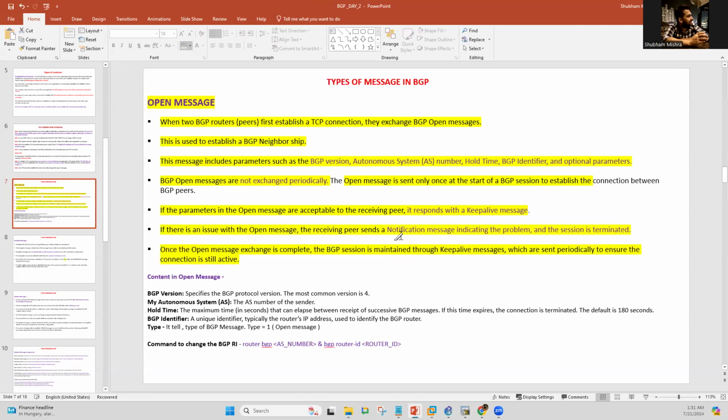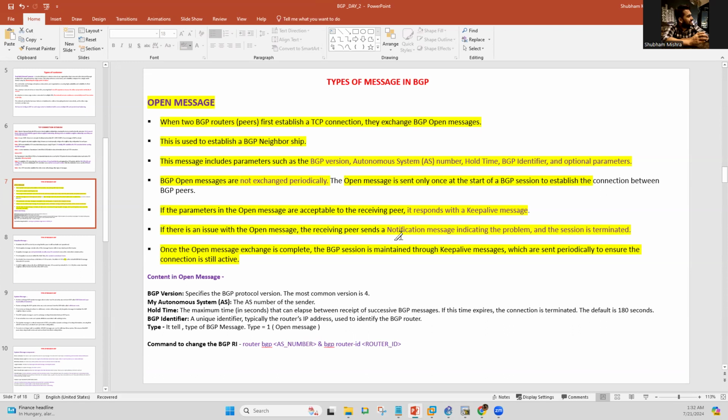And what is the use of the keepalive message? To maintain the BGP session. If any device does not receive the keepalive message until the hold time, what is the hold time? 180 seconds. So let's suppose there are R1 and R2. R1 is sending the keepalive message after every 60 seconds, and R2 is also sending the keepalive message after every 60 seconds.